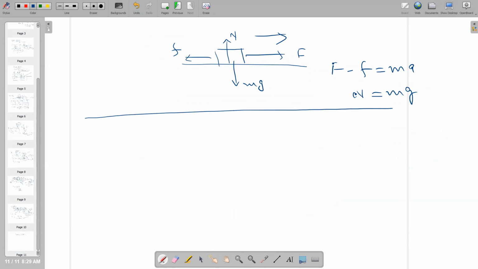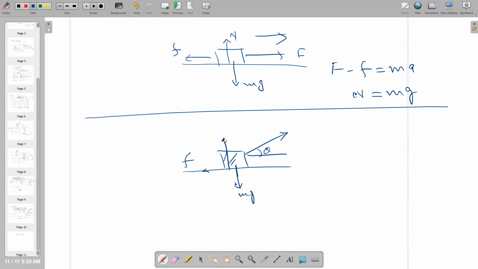This is one situation. In the second situation, if this is a block and this is the force acting at some angle theta, this is the frictional force, this is mg and this is N. So this is F. You will make the components, one component here and one component here.